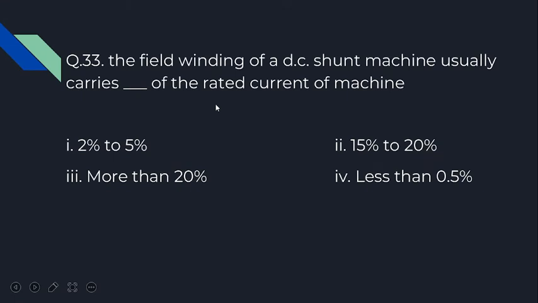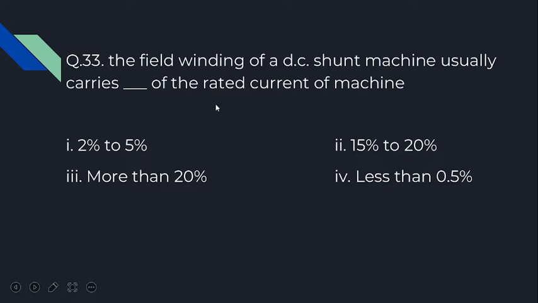The field winding of a DC shunt machine usually carries dash of the rated current of the machine. Okay, so in a DC shunt machine, the field winding will be across the armature, and we need most of the current in the armature. So the design will be such that the shunt field winding has a very high resistance, so that the current flowing through it will be small.